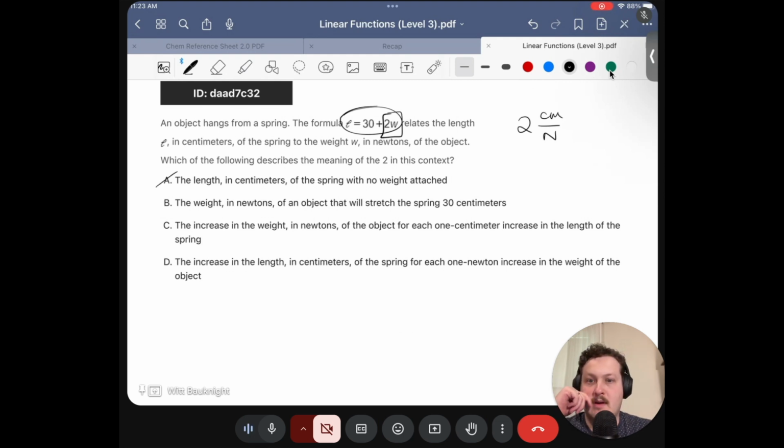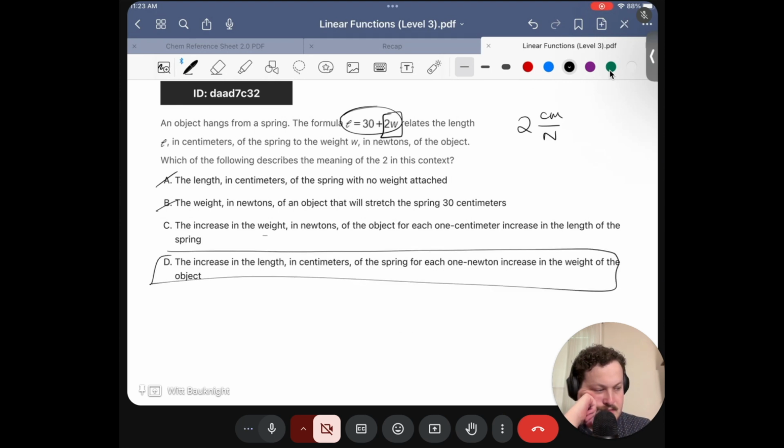Weight in newtons of an object that will stretch the spring? Nope. The increase in weight in newtons of the object for each 1 centimeter increase? For every Newton we put in, it'll go up 2 centimeters.